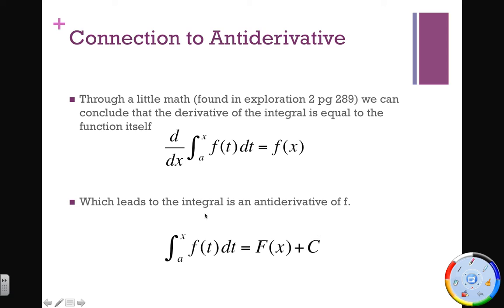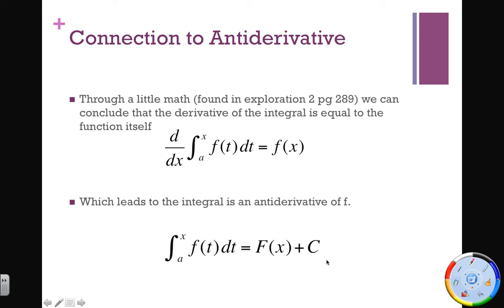So basically saying if I took the derivative of this big F of x plus c, remember c is a constant, that would get f of t on the interval from a to x. Or the other way of saying this is the integral from a to x of f of t is big F of x plus a constant.